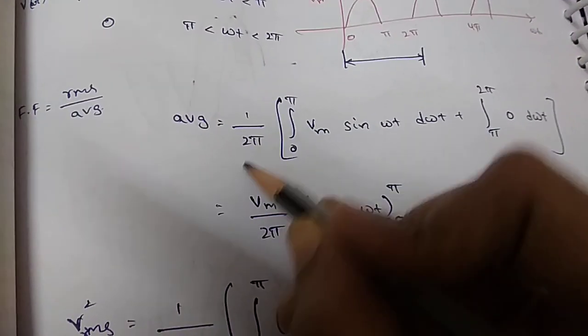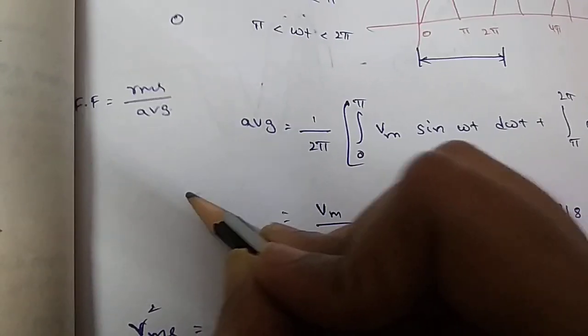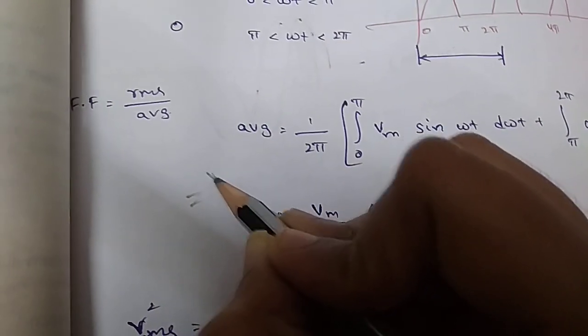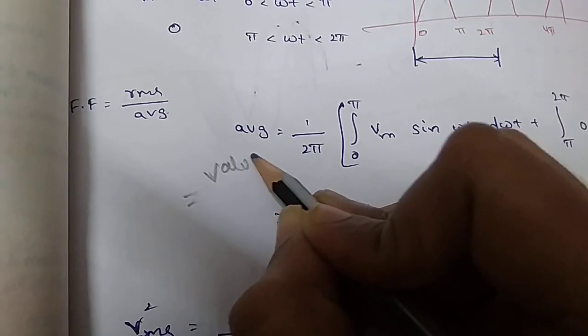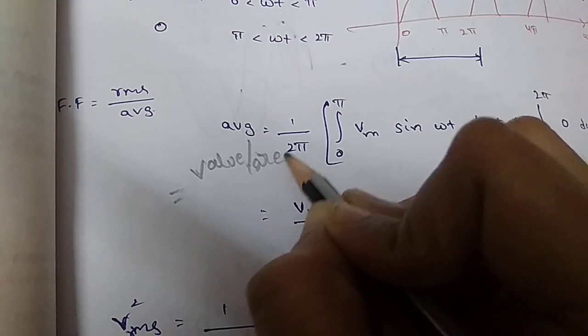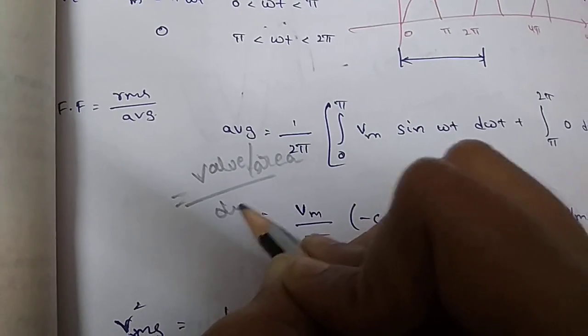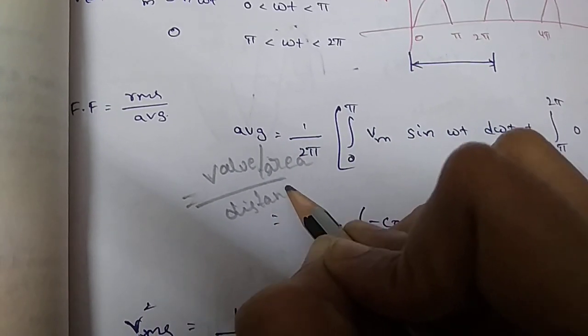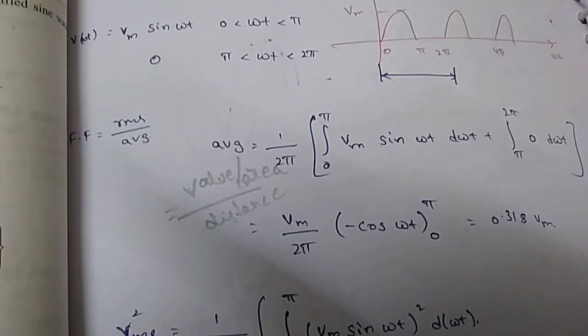So the average value is nothing but the total area of the curve divided by the distance of the curve.